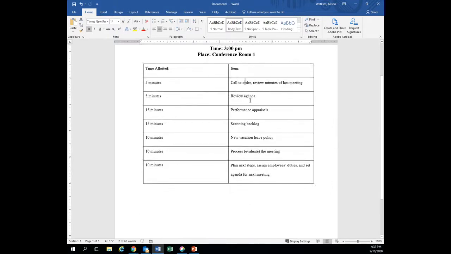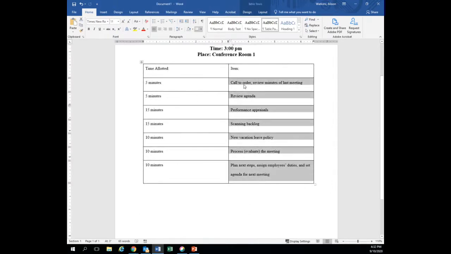It's got the different topics that are going to be done in the meeting and how long it should designate. And if we add this up, 10, 20, 30, 50, 60, so roughly 60 minutes for an hour is how long this should last.